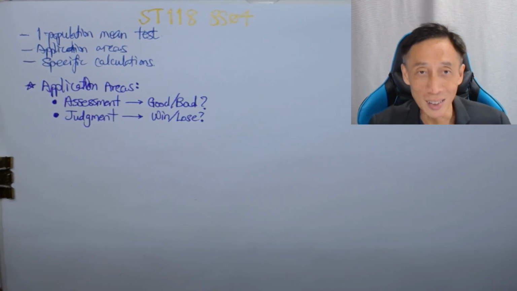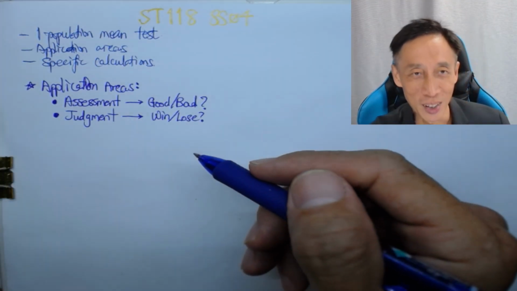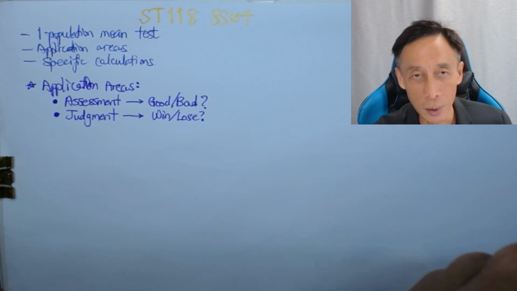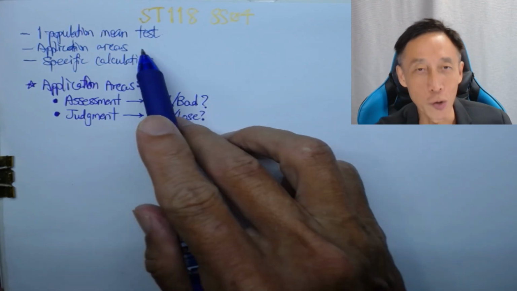So populations in the statistic sense is always a bag of numbers. So judgment, we judge, yes, this athlete qualifies, no, this athlete doesn't. So what's a useful tool? One population mean test, right?